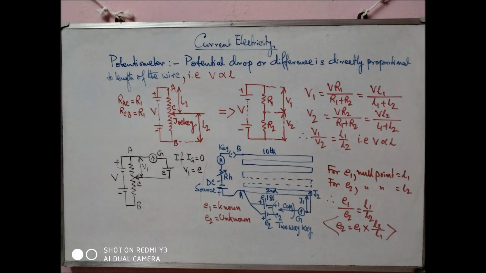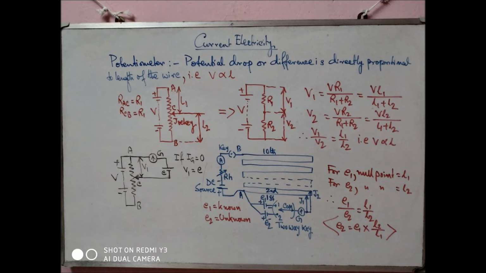Actually the principle, we compare this with a rheostat. Rheostat means a variable resistance, the resistance that can vary. At first we have drawn a diagram of a rheostat. See, there are two fixed points A and B, and the third point is the jockey C, which is a variable point.